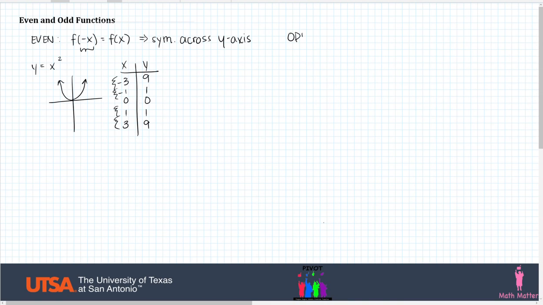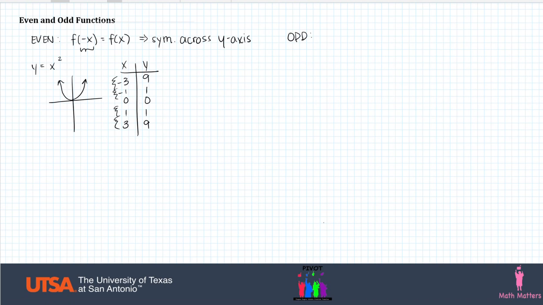And for a function to be odd, f of negative x is equal to negative f of x. And we can look at an example again. y equals x cubed, the cubic function, the one that looks like this. If we make a table with x and y, we have 0, 1, 3, negative 1, negative 3.